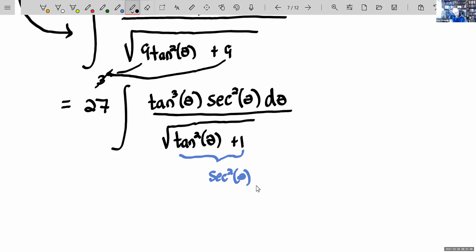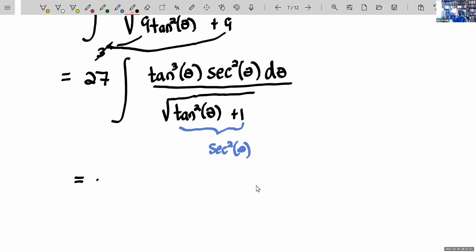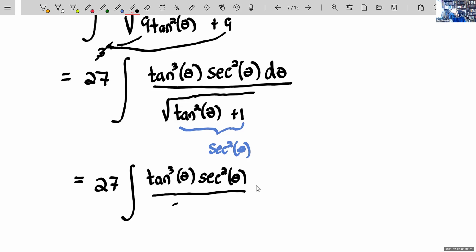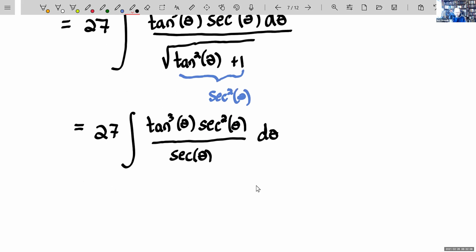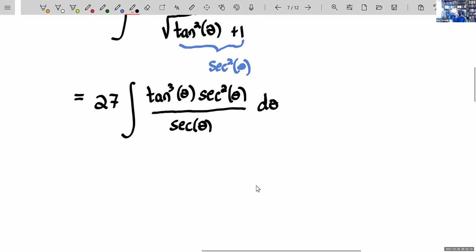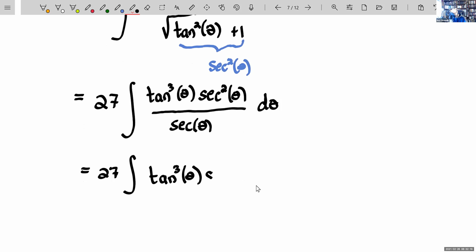So this is now going to be 27 integral tan cubed of theta secant squared of theta over secant of theta. Taking my time. Normally you wouldn't have to do that, but just showcasing the steps here. And obviously a power of secant downstairs cancels with a power of secant upstairs. And so you have 27 integral tan cubed of theta secant of theta d theta.